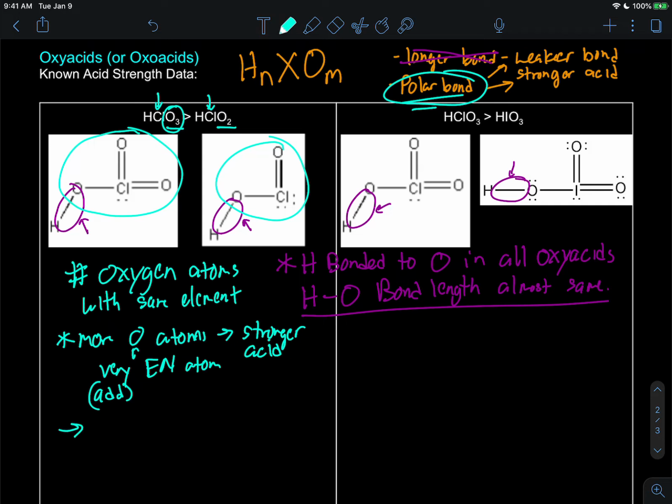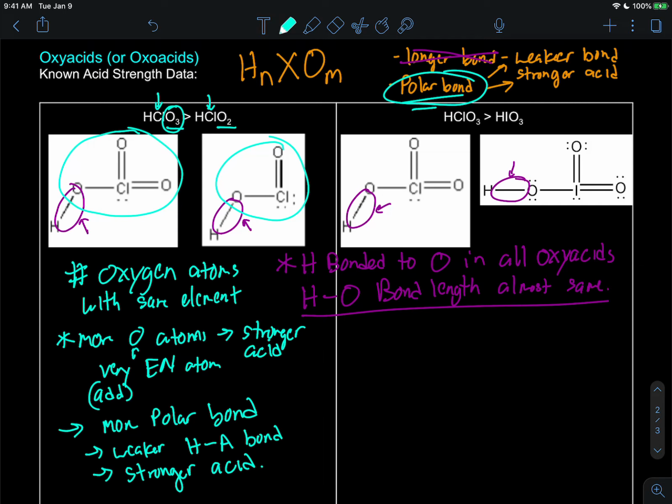That's going to lead to a more polar bond when we have more and more oxygen atoms. A more polar bond is a weaker hydrogen bond to whatever it's bonded to, in this case the ClO3 minus or the ClO2 minus, a weaker HA bond, which is going to lead to a stronger acid.